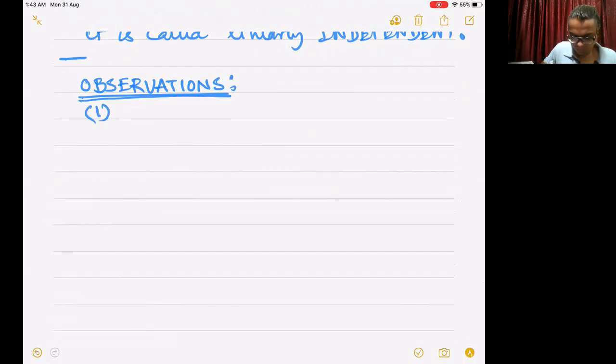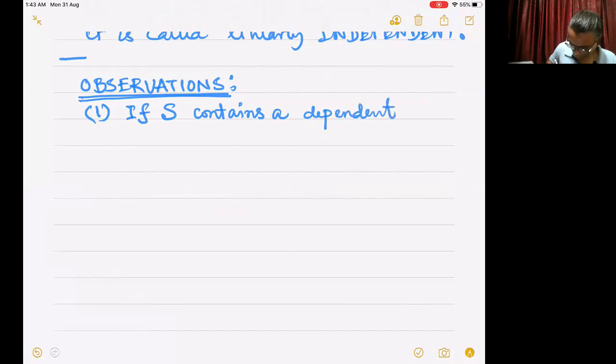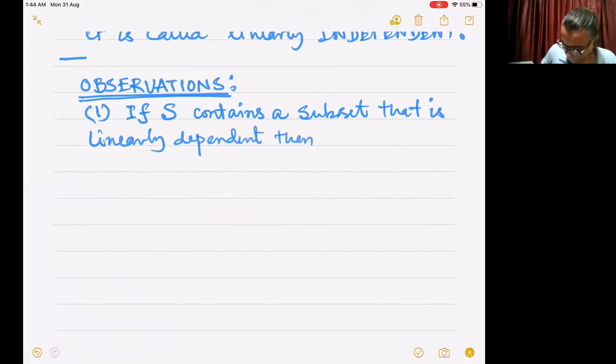Number one, if S contains a subset that is linearly dependent, then of course S is linearly dependent.